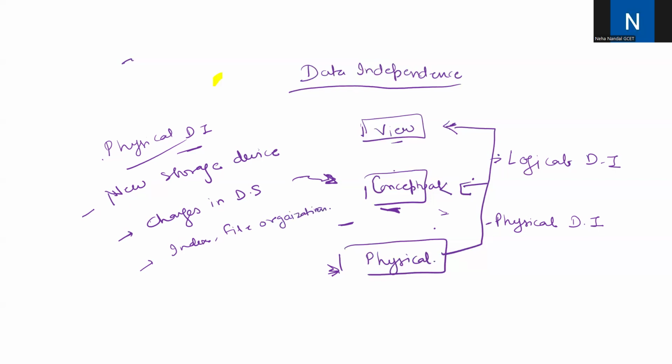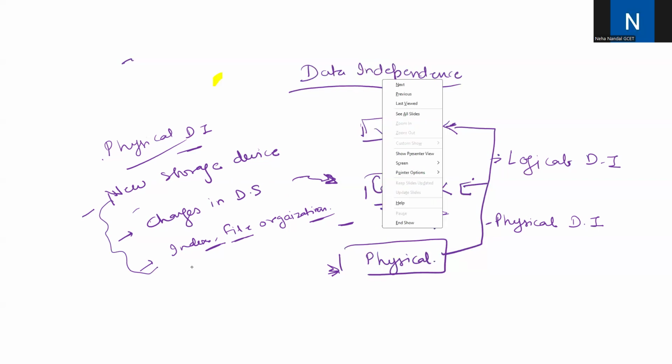If you have not seen my previous video, please see that. Those kinds of alterations can be made at the physical level, and they should not affect your conceptual level. That is called physical data independence. I hope you got some clarity on this.